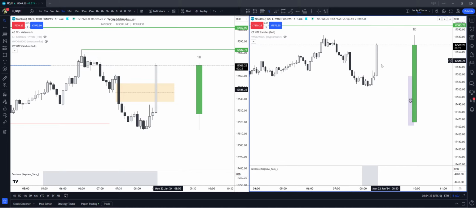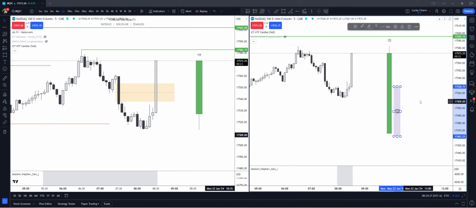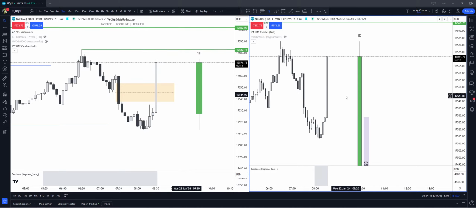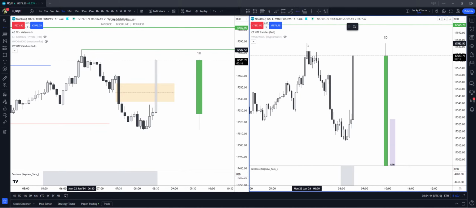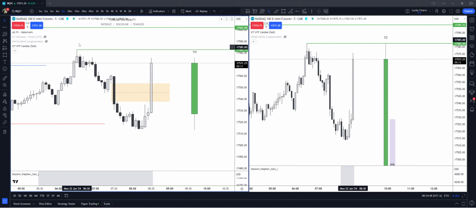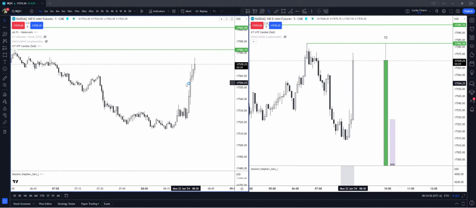So if you're new here, that's primarily what I do. What I'm going to have is just the 5-minute on the right for now. And I'm going to go down to a 1-minute on the left chart here.